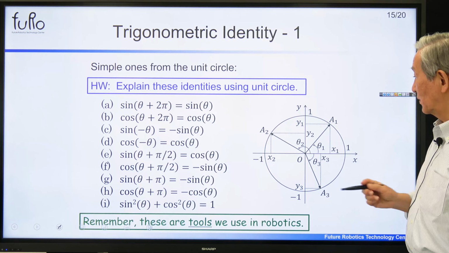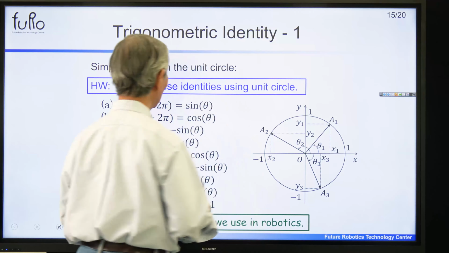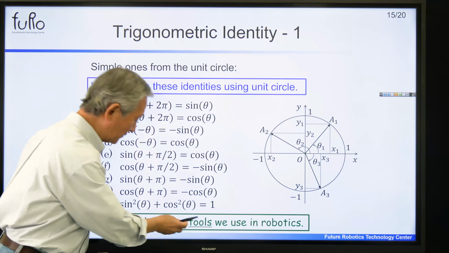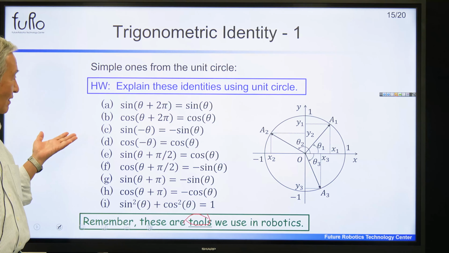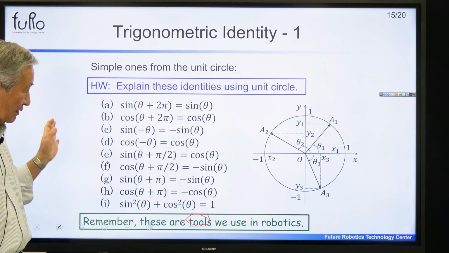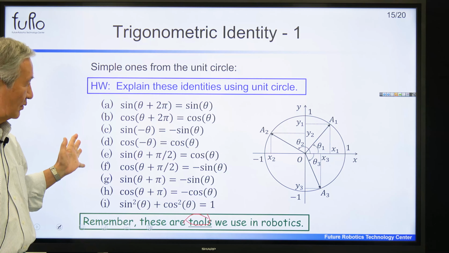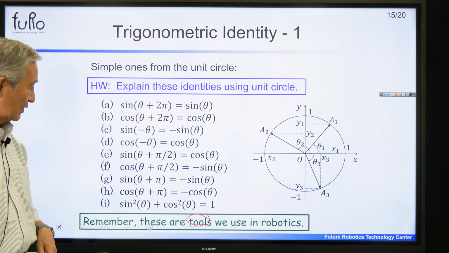And if you look at this definition, you can find many different nice, I call them tools here. Namely, identities. Those identities are useful, and you can see those are true, but just take a look at the definition of the unit circle here.